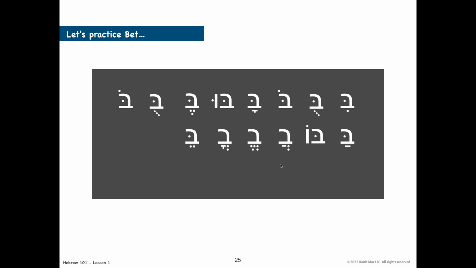This one, a. Yes. This one, be. This one, ba, because we have the dagesh. We have a dot in the middle, so it's B. So it's ba.